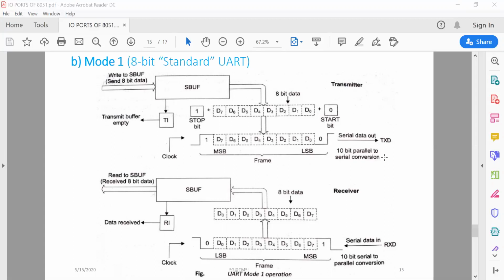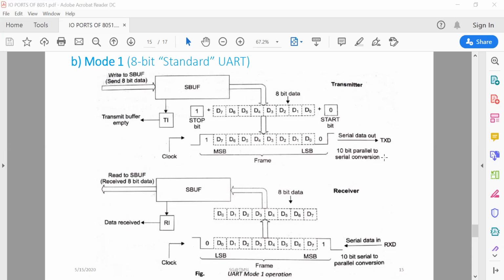Once the complete frame is transmitted, the TI flag is set automatically by the serial port hardware to indicate the end of the data transmission.